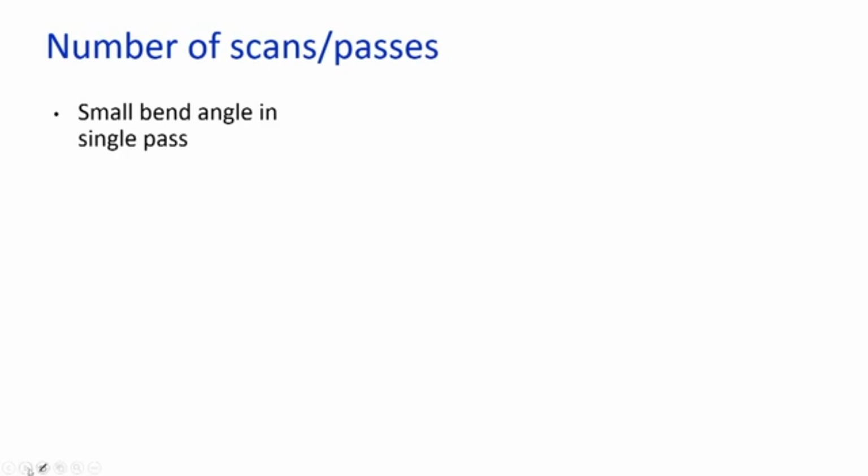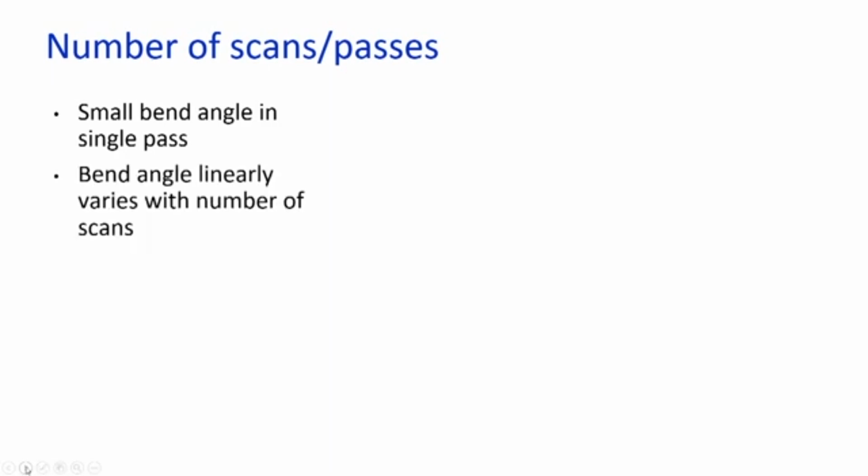So we use this parameter to gain more bend angle, that is, the number of times we scan the laser beam, and it has been noticed that the bend angle increases linearly with the number of scans. We are applying more energy to the workpiece material, and we are getting more bend angle.